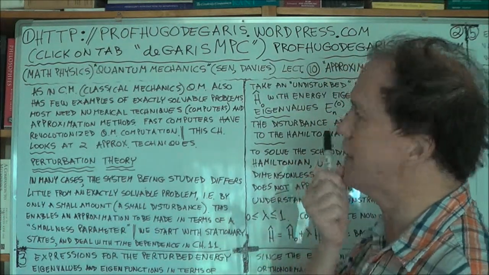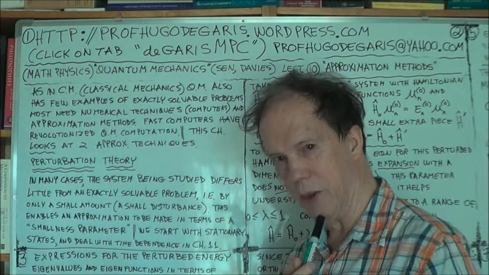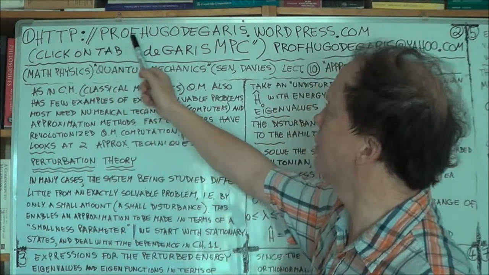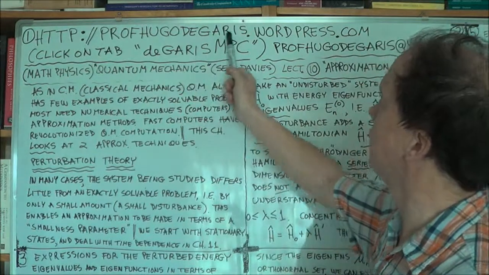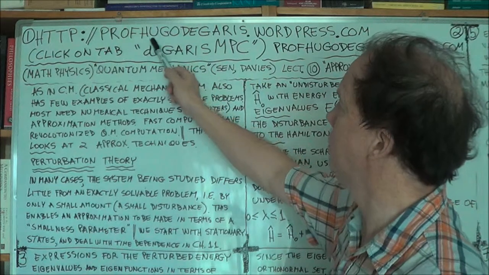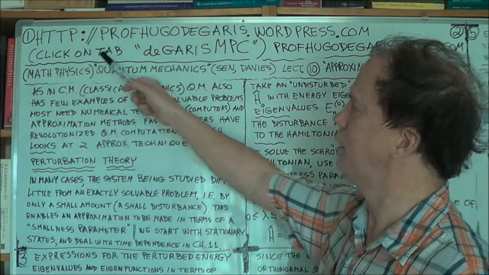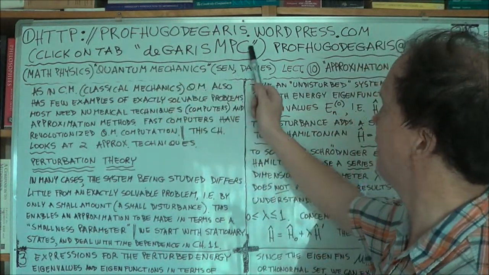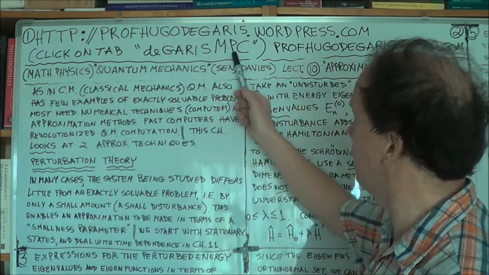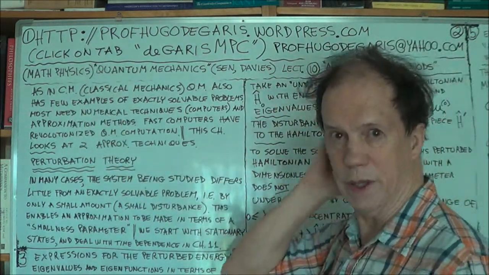Okay, so to get details about the course, its chapter headings, stuff like that, go to my website. Professor Hugo deGaris, Hugo personal name, deGaris family name, .wordpress.com, and there are various tabs. Click on the deGarisMPC tab, M for mathematics, pure mathematics, P for physics, so mathematical physics, and C for computing.